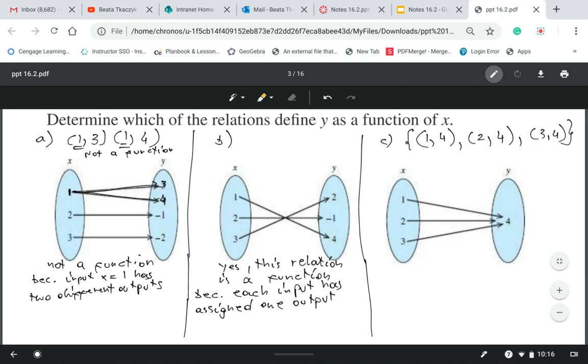That relation satisfies the definition of the function: each x has assigned one y value. It's okay that all inputs have been assigned the same y value. It doesn't matter. We definitely have a function here.